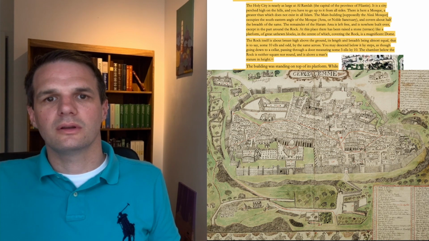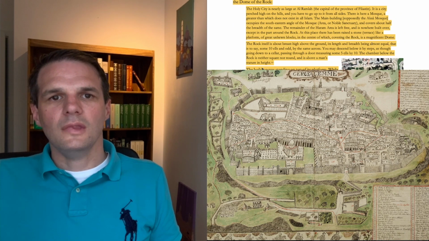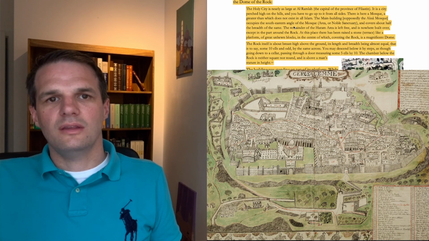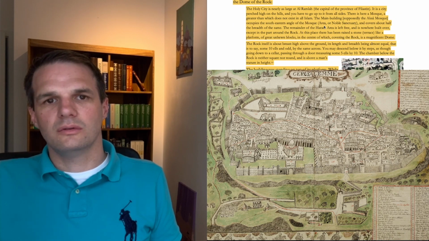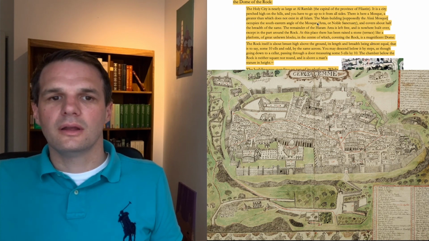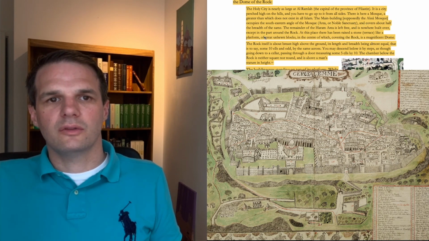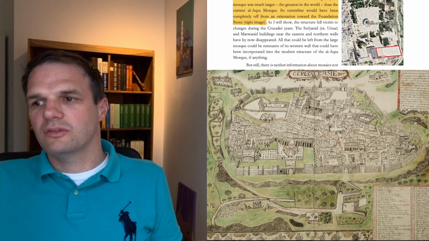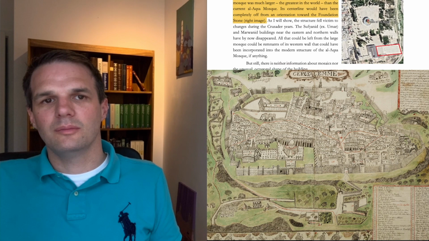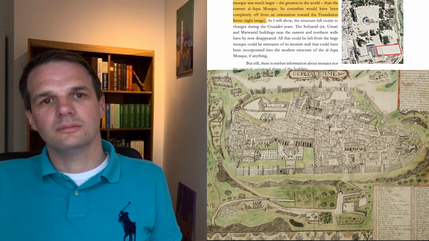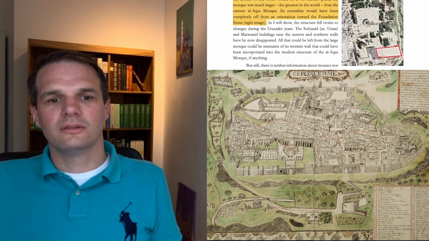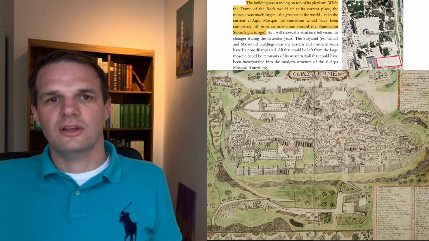Let's go back real quick. Yeah, it says the main building occupies the southeastern angle of the mosque, so that is roughly the area which H.A. Deus here marked as red, and covers about half the breadth of the same. So yeah, I think this seems reasonable what he's putting there, but the way he got there is again crazy, because he apparently doesn't understand his own text.